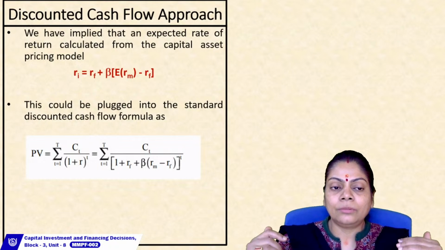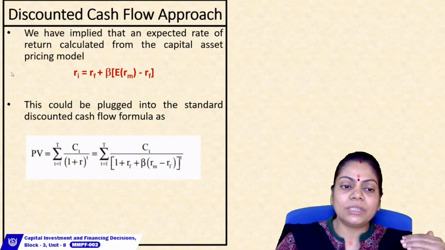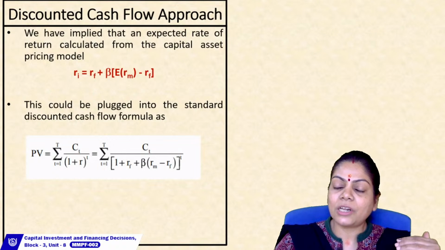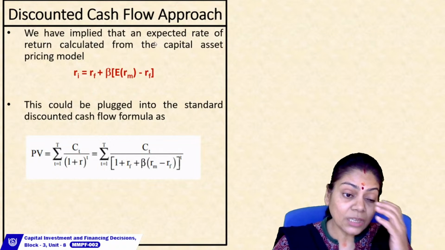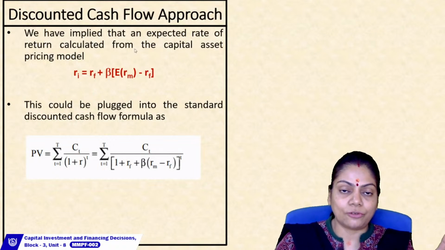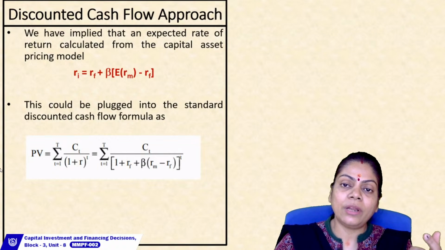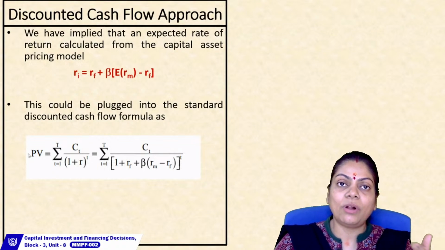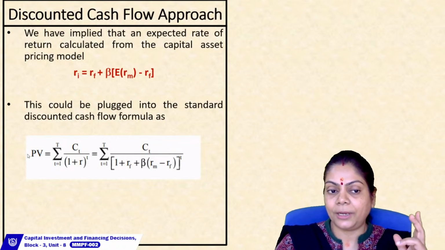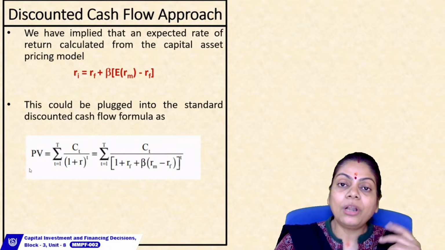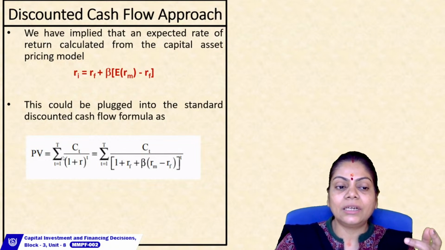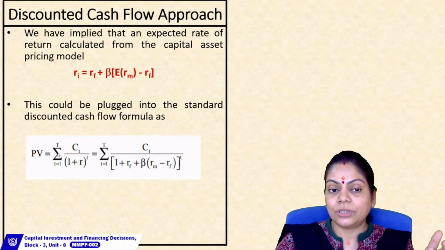Now, if we talk about a discounted cash flow approach, suppose you have a 1 year cash flow, suppose next year you are going to receive only one cash flow, that is C1. What is the present value of your C1? The present value of your C1 is C1 divided by 1 plus R to the power T. And if you have multiple periods, then it is the sum of those present values.